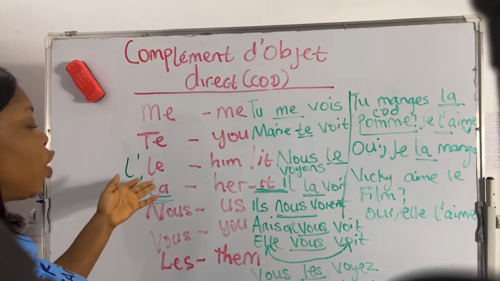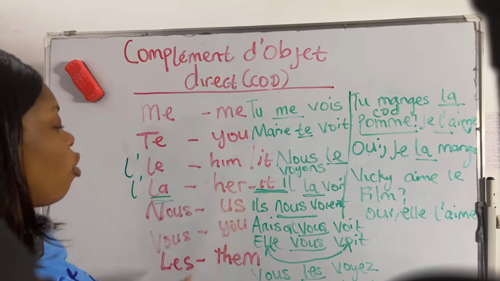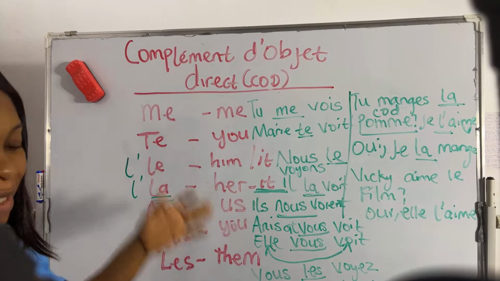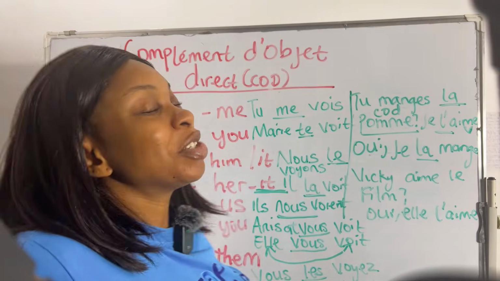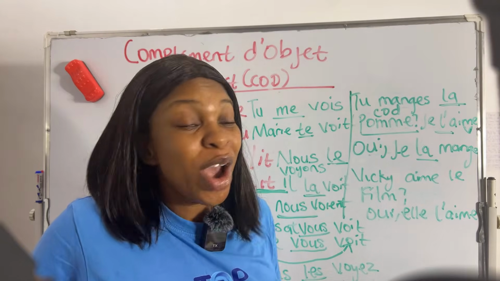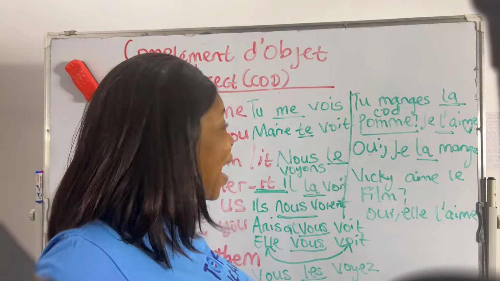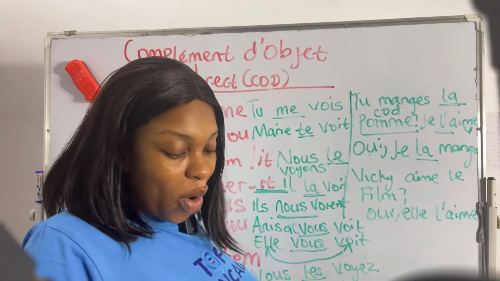We have l' or la, which is her or it. We have nous, which is us. We have vous, which is you. And we have les, which is them. And of course, don't let the COD distract you. Whenever you're giving your sentence, you must conjugate your verb according to the subject, not according to the COD.